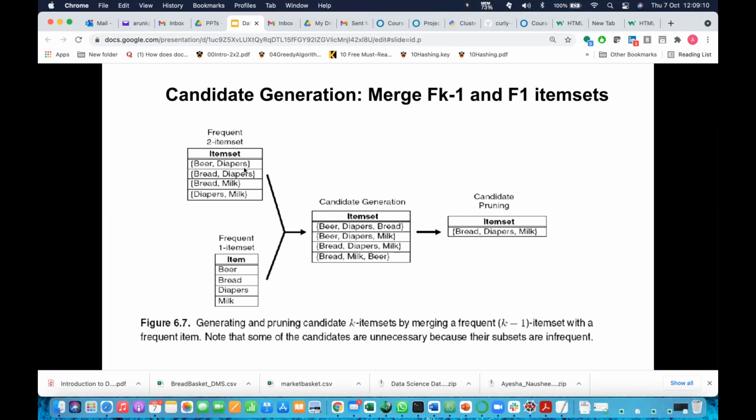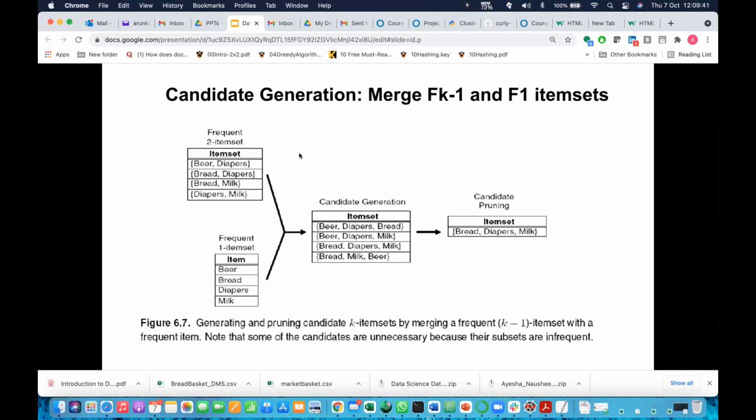So to find the kth frequent item sets, we need to add Fk minus 1 with all frequent 1 item sets. Do you understand this logic? Yes, understood. Because when you combine with one infrequent item set, the 3 item set is also a superset of that infrequent item set, so anyway it won't become frequent.